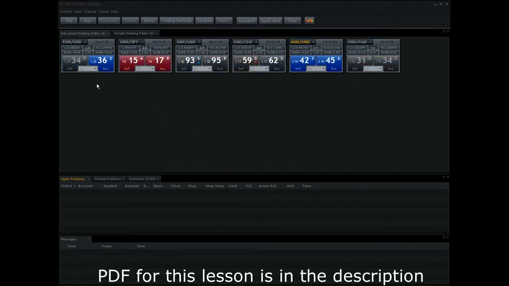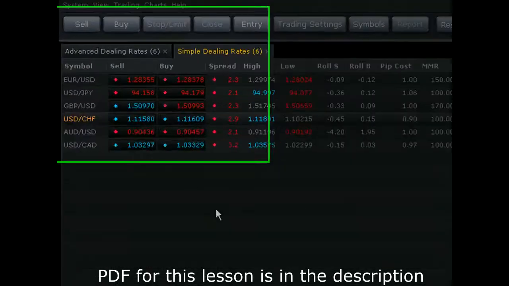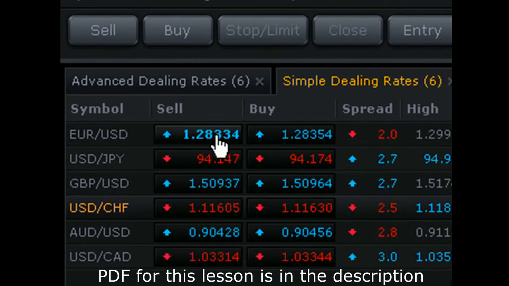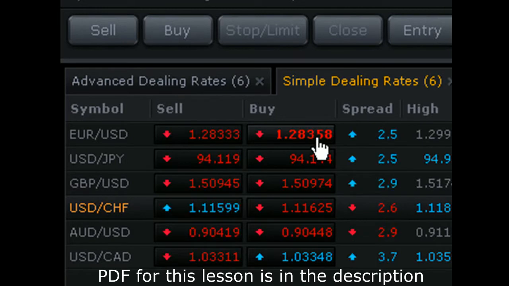Now don't get confused by all these numbers flashing red and blue here on the screen. It's just simply showing a change in price. So if we just quickly go to this screen right here, we see that here with euro against US dollar, we have a sell price of 1.2832, well, it's constantly changing, and we have a buy price of 1.2836. Now I'm only reading out the first 4 decimal places because the 5th decimal place is just a fraction of a pip.